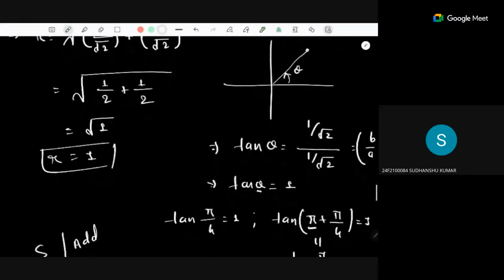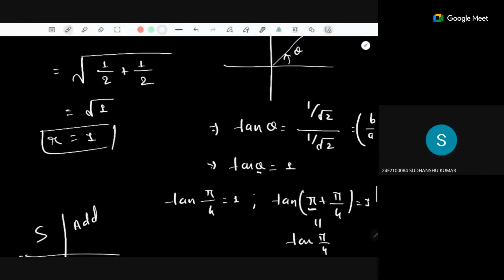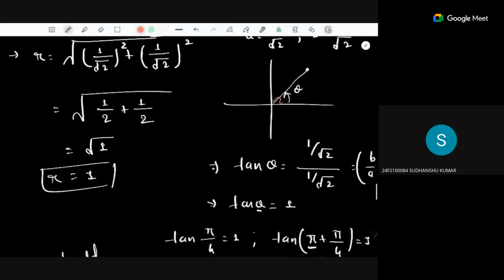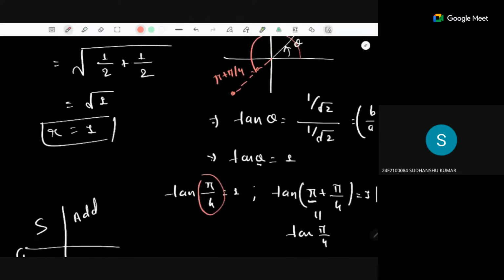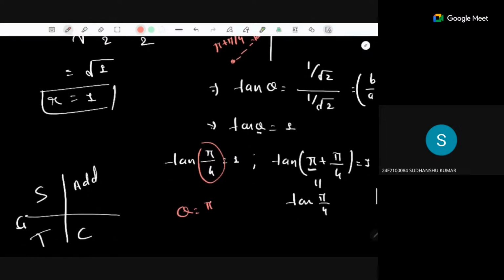So when you judge the quadrant, it helps us to choose the value of theta. For example, if you take pi plus pi by 4, the angle will become bigger and the line will be here, right? This will be your angle, pi plus pi by 4. But we know that our point lies in the first quadrant. That's why we choose the value of theta to be pi by 4. So the value of theta is nothing but pi by 4.